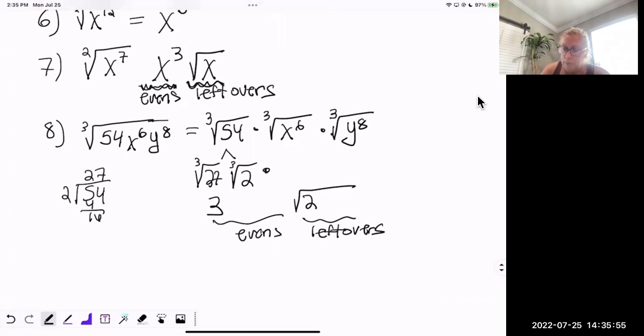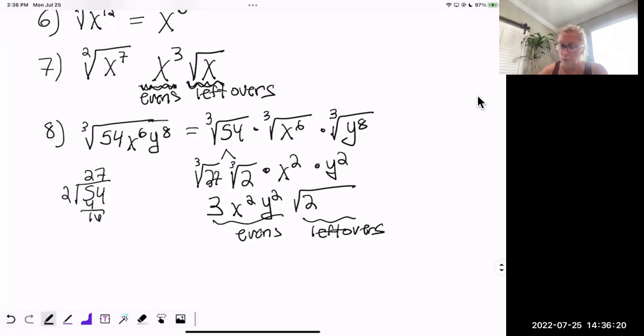Let's look at the next part. The cube root of x to the 6. How many 3's are in 6? 2. That's even. It comes out. There are no leftovers. My y's: how many 3's are in 8? That's 2. Even. Comes out.